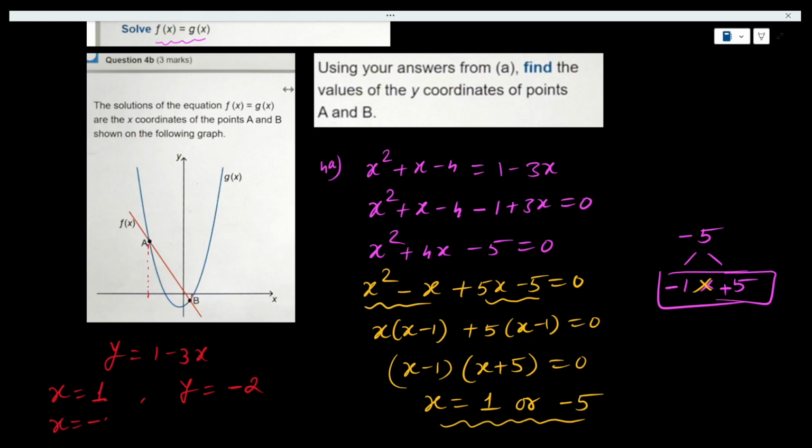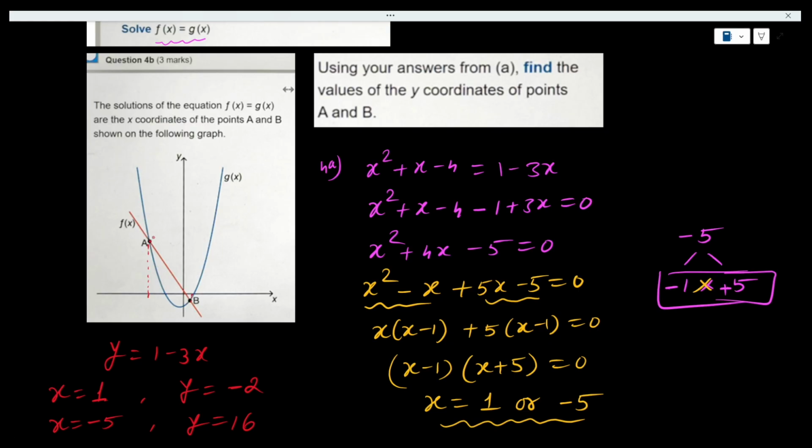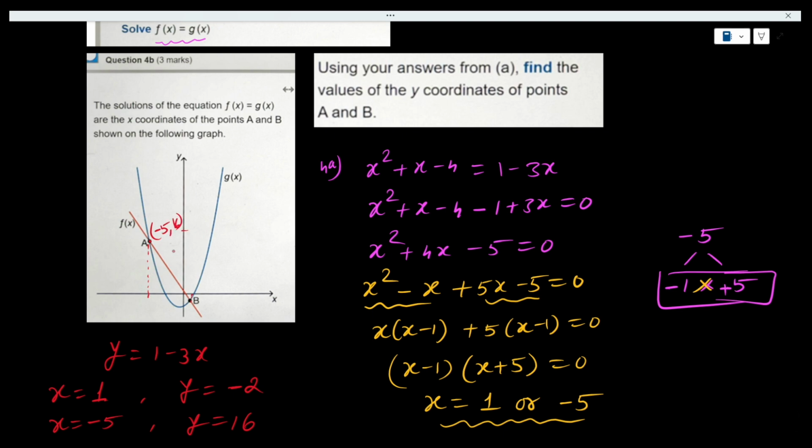If x is minus 5, y will become, negative of negative will be positive, 1 plus 15, which is going to be 16. So what are the intersection coordinates? Because A is on the negative side, this will be minus 5, 16. Somewhere here the y will be 16, and B's coordinate, because it is on the positive side, will be 1 comma minus 2. You can see that the y coordinate is on the negative side.